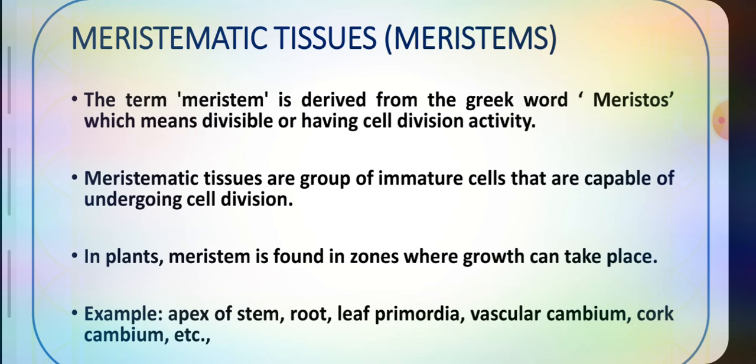They divide and produce xylem and phloem. Vascular cambium is very helpful in the growth of secondary tissue, the secondary growth in plants.